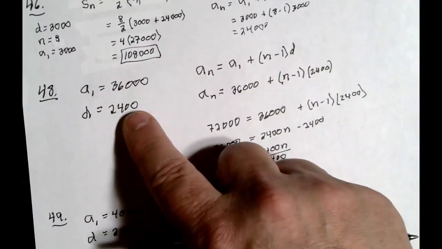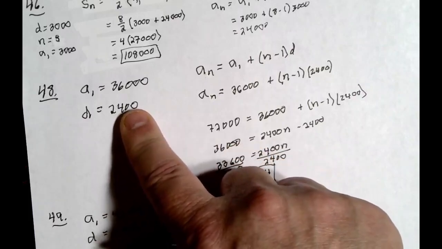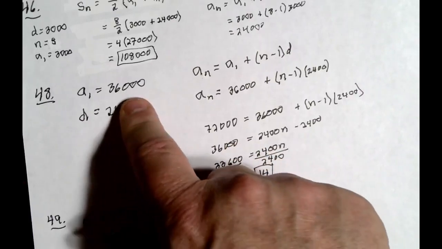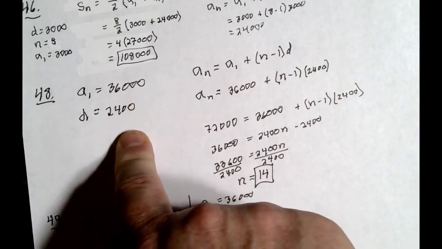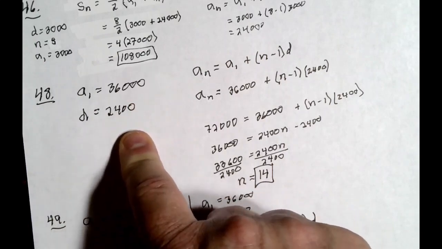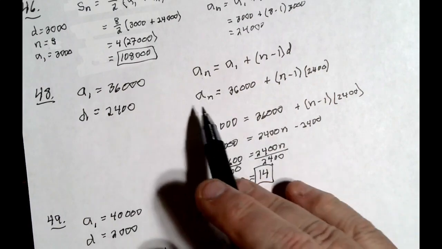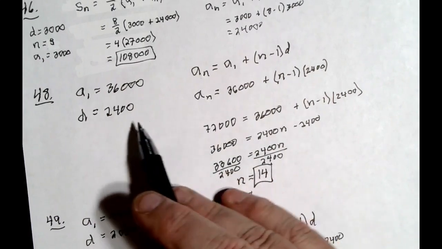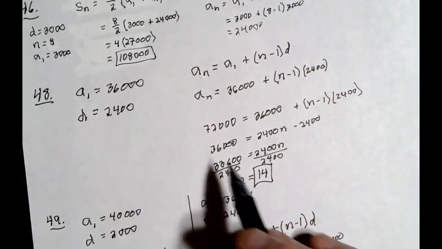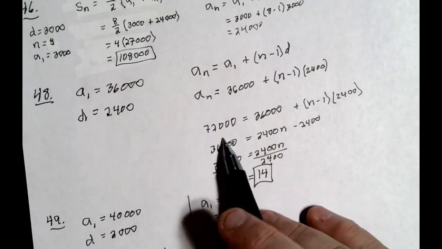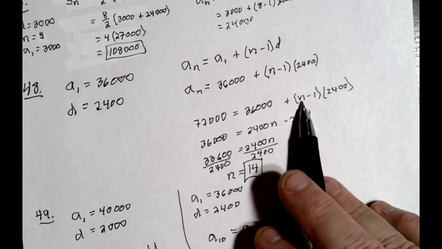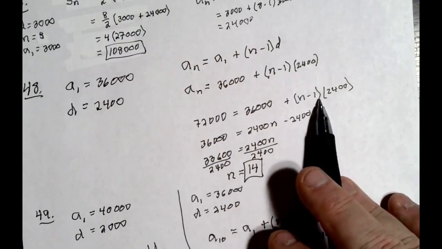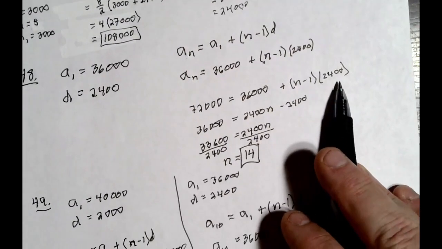All right, 48. They give you, if you make 36,000 to start with, and you get $2,400 raises each year, in how many years will your salary double? So you want to know what term is it that equals 72,000. So your a sub nth term equals 72,000, which is your first term, 36,000, plus n minus 1, you don't know what n is, times d, you know what d is.